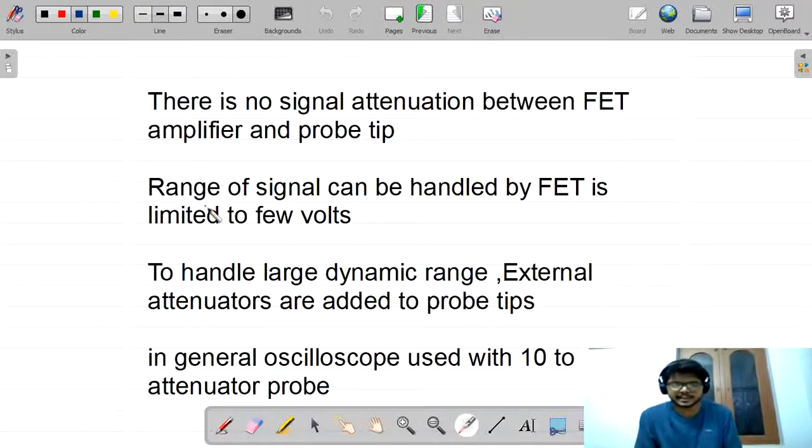From this we can clearly see the range of signal that can be handled by the FET is limited to a few volts. To handle a large dynamic range, external attenuators are added to probe tips. Hope we now have clarity on these three points. And the final point: in general, oscilloscopes use a 10:1 attenuator probe.